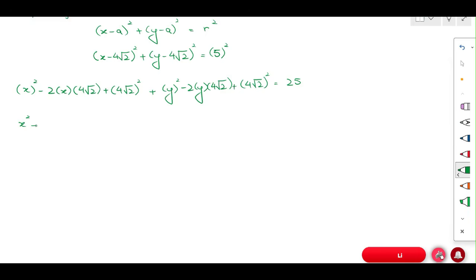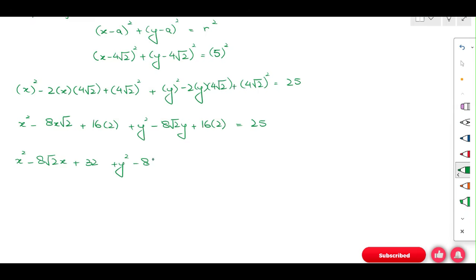So this is x square minus 2 times 4 is 8x root 2, plus 4 times 4 is 16, root 2 square is just 2, plus y square minus 2 times 4 is 8 root 2 y, plus 4 times 4 is 16, root 2 square is just 2, minus 25. Now x square minus 8 root 2 x plus 16 times 2 is 32, plus y square minus 8 root 2 y plus 32 minus 25 equals 0.